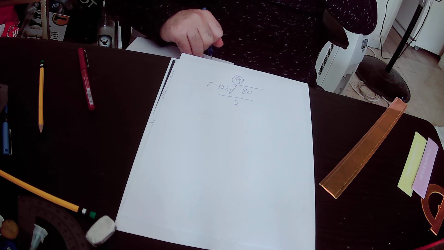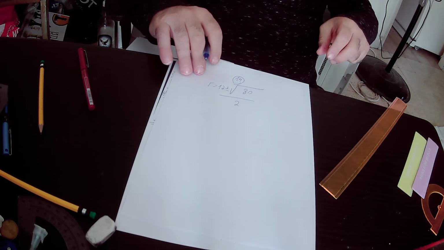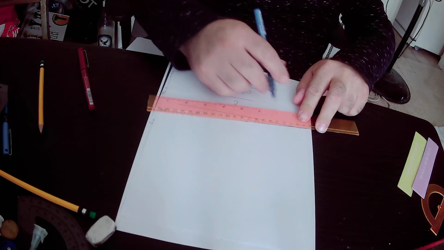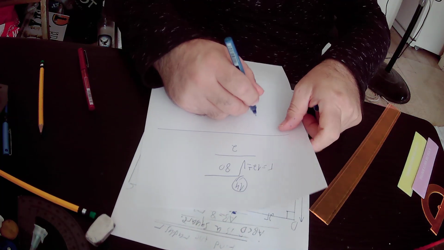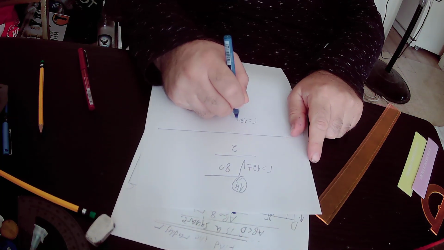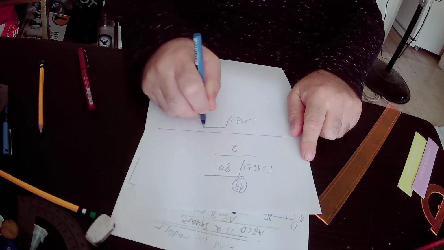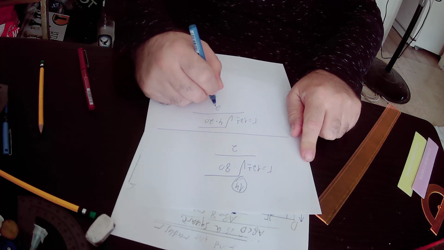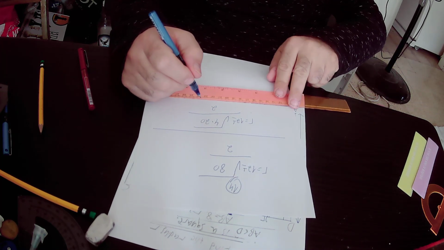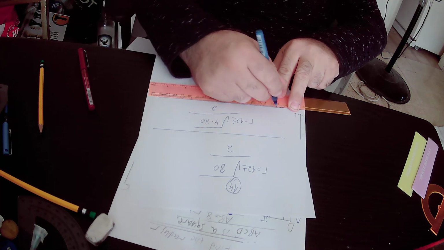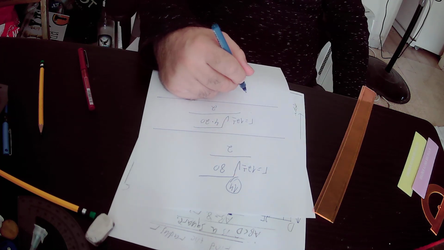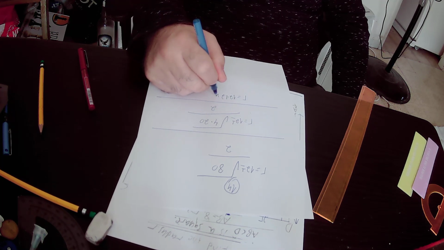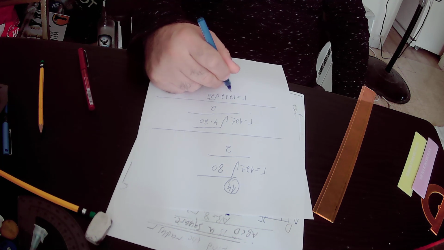Square root of 80: 80 equals 20 times 4, so I write it down. r equals 12 plus minus root of 4 times 20, which is 80, over 2. The square root of 4 is 2, so r equals 12 plus minus 2 times root 20 over 2.